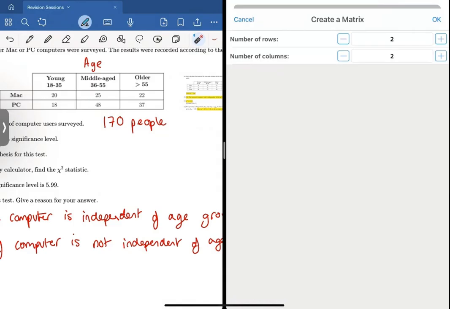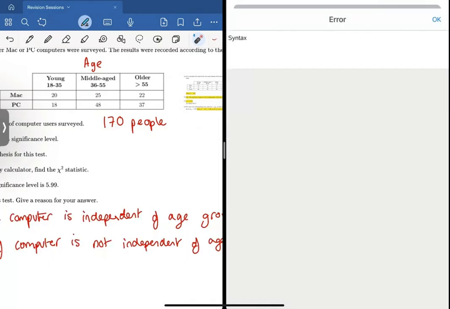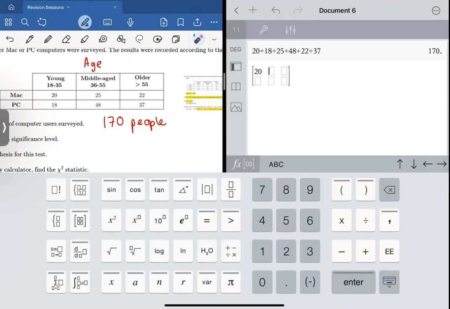Now I need 2 rows, but I need 3 columns. And our calculator is going to give me a screen like this. So then I'm going to type those numbers in. So we've got 20, 25, 22, 18, 48, and 37.